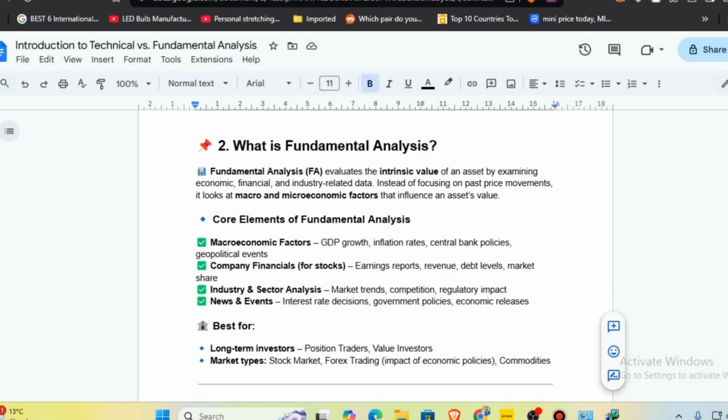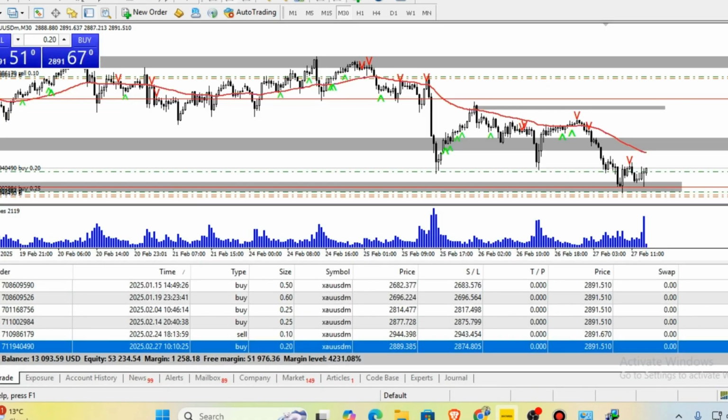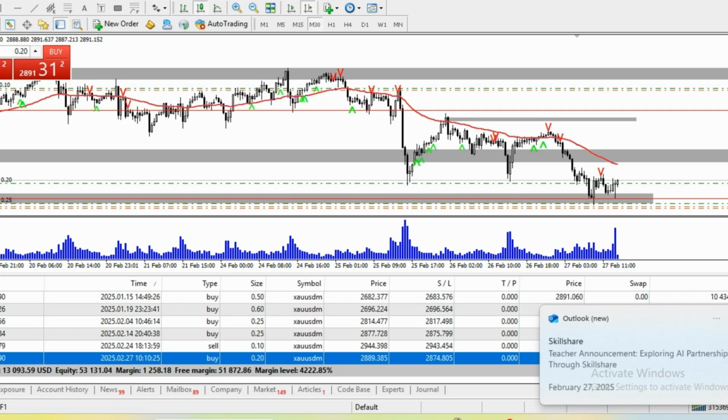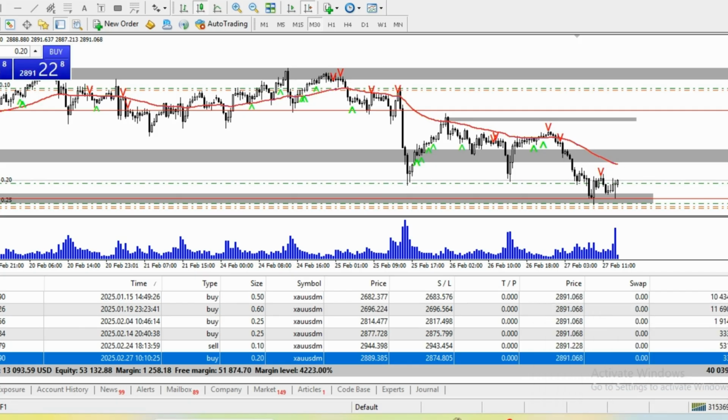What is the best example? Here, if you see my trades, these are the best examples of fundamental trades or fundamental analysis. Here, if you see all my trades, and when I have taken these trades. This is the best example of strong fundamental analysis, and then combining those fundamentals with the technicals, and you will earn a lot.